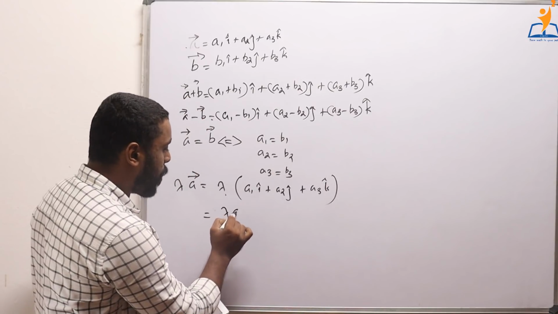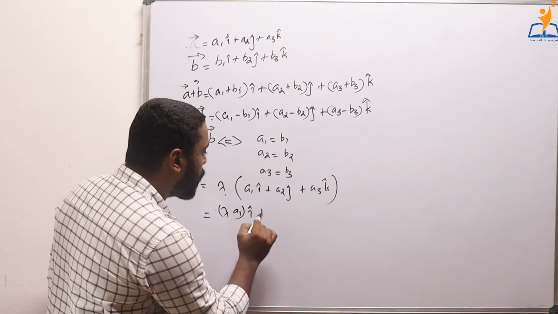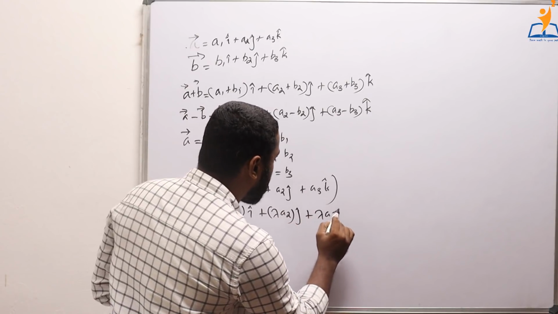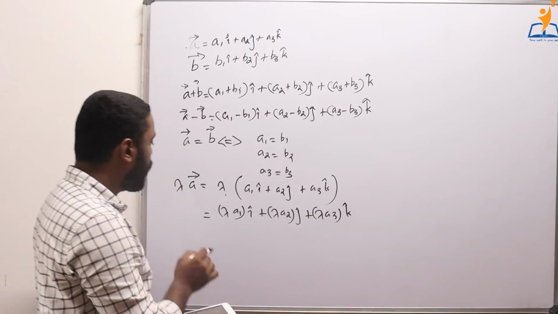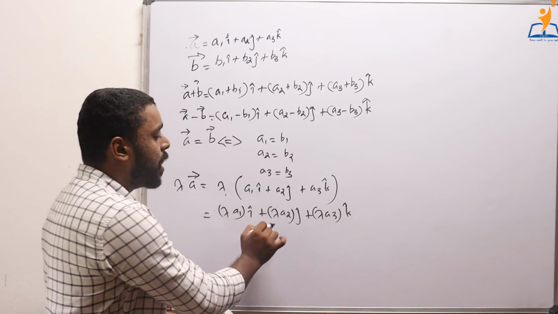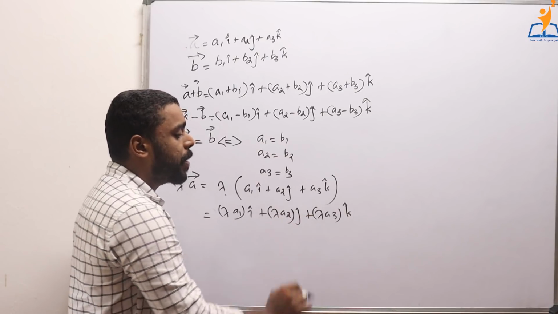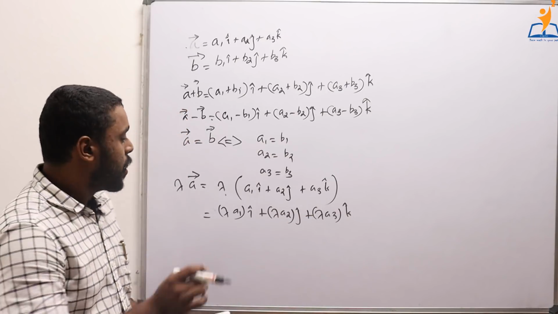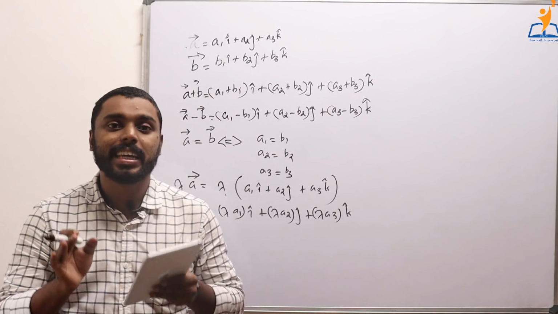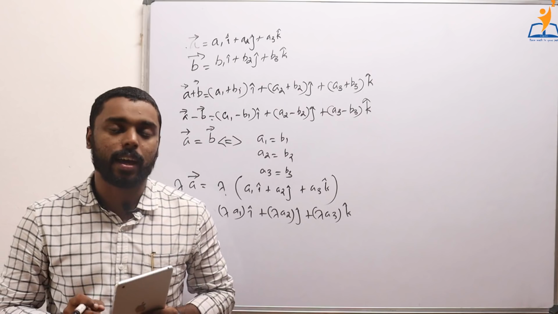So we get lambda a1 i cap, lambda a2 j cap, lambda a3 k cap. So in order to multiply a vector by a scalar, just multiply each component by that scalar.